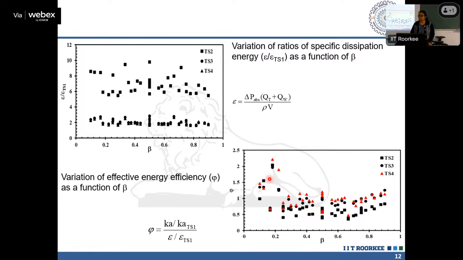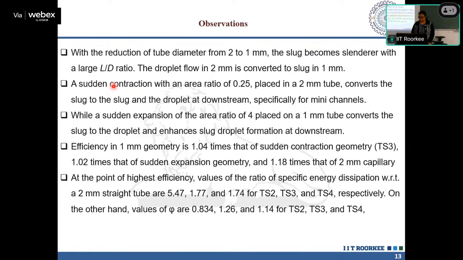Rather, the viscous dissipation is giving you the highest values in TS2 because of its reduction in diameter. So from here you can look at these values. The ratio of specific energy dissipation relative to the 2 mm straight tube: these are 5.47, 1.77, 1.74.